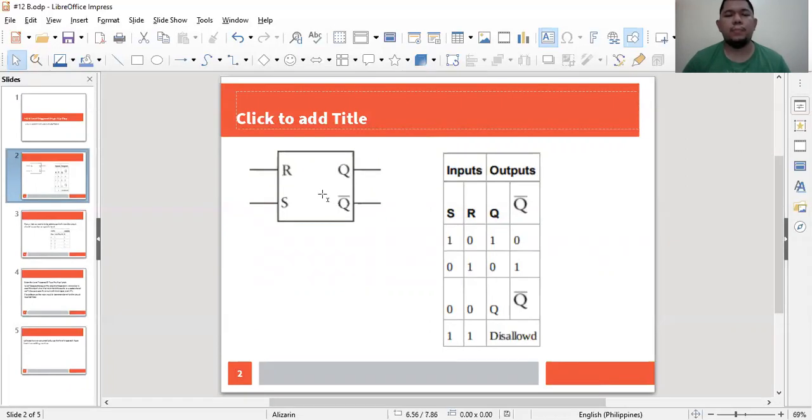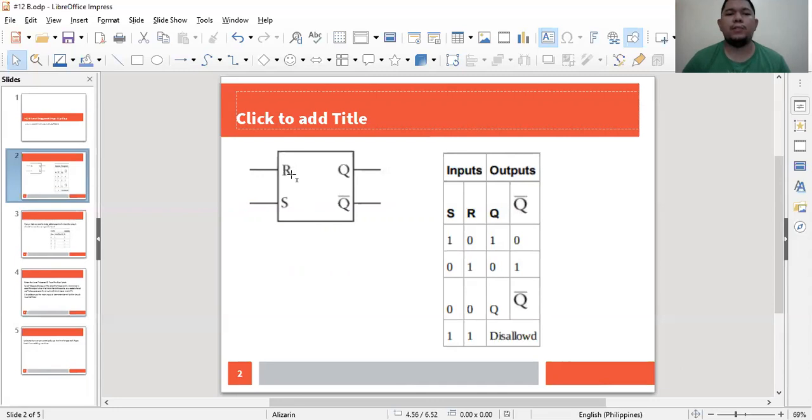So it remembers the last input where there's a certain one value inputted. All right. So if we input a value of 1 for reset, it remembers the value of 0.